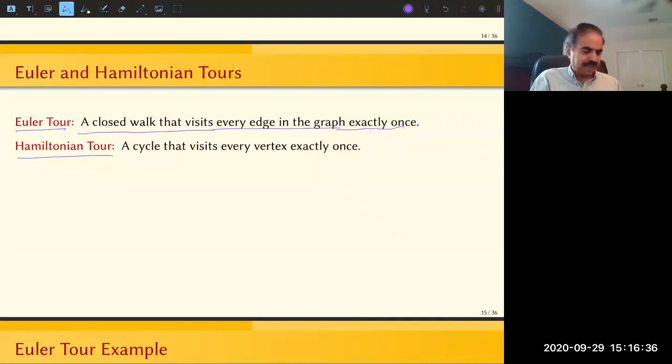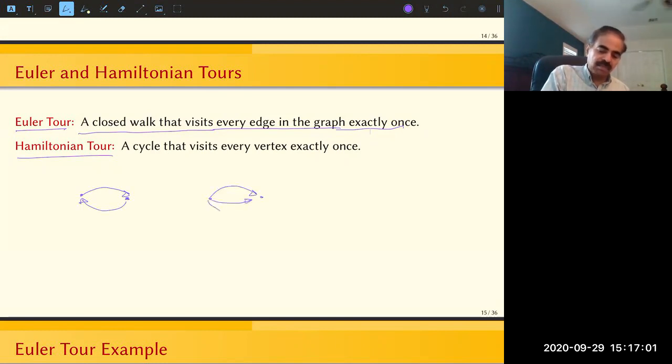Okay, so very often when we do Euler tour, we generalize the notion of a graph a little bit, because so far we have this idea that given any two vertices, there could be one edge going this way and maybe another edge going this way, right? But when we talk about Euler tour, we allow multiple edges between vertices, so for instance, we could have 3 edges going forward and 1 edge going backward, right?